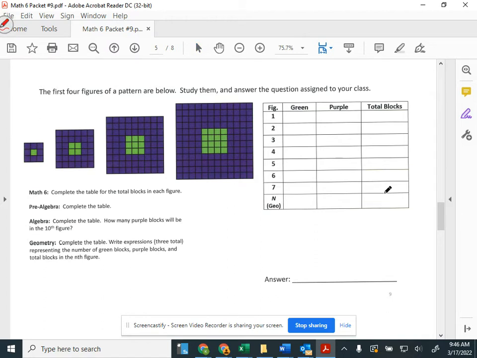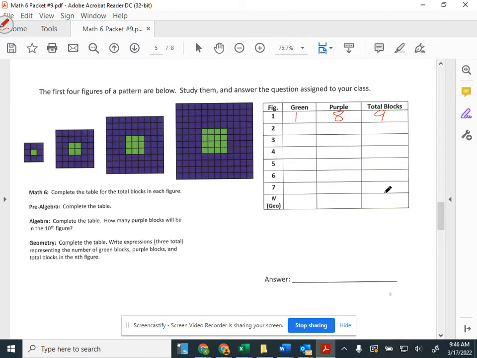How many green squares are in my first figure, Tristan? One. How many purple squares are in that first figure, Gregory? 8. So if we have 1 green and 8 purple, how many are there total, Tristan? 9. So you could find that 9 just by counting all of the squares, or you could separate it into the green and the purple.